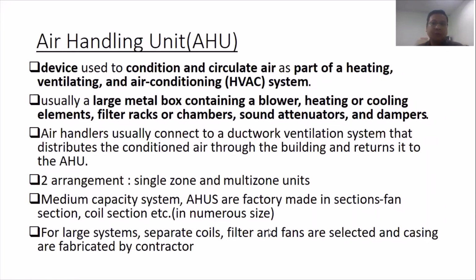Okay, we go to the air handling unit, or sometimes we hear the short form AHU. What is the AHU? A device used to condition and circulate air as part of a heating, ventilating, and air conditioning system. Usually a large metal box containing a blower, heating or cooling element, filter rack or chamber, sound attenuators, and damper.